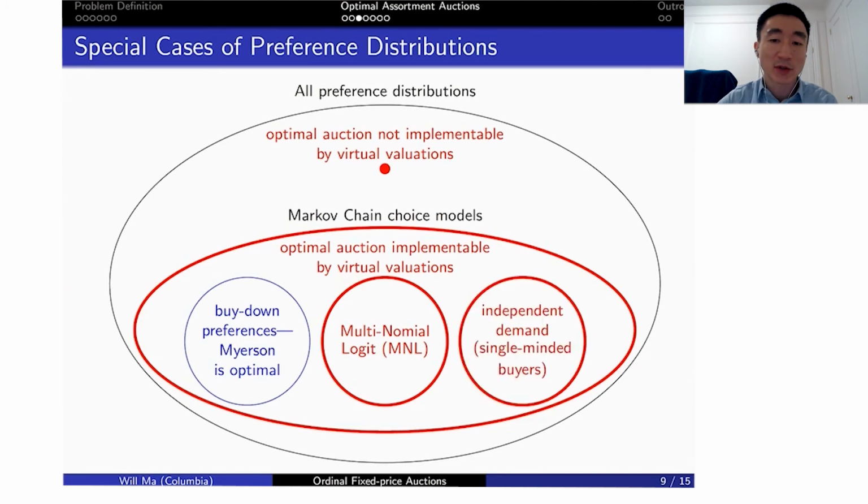And it also captures the case of independent demand, also known as single-minded buyers. So that's a simple case where each buyer only wants a single item. So our main result actually generalizes Myerson's result, at least in the case of discrete valuations, and then also extends it to the case of multinomial logit choice models.